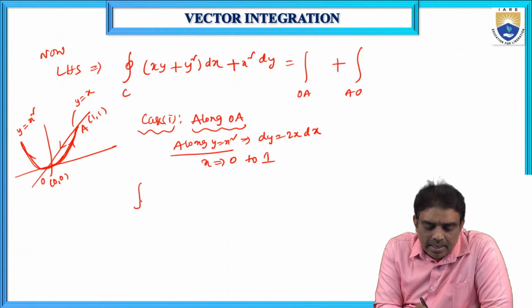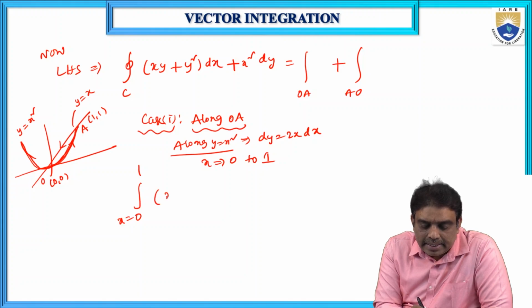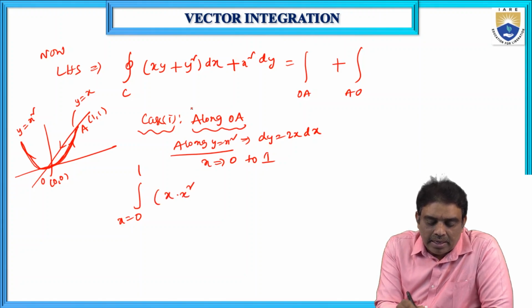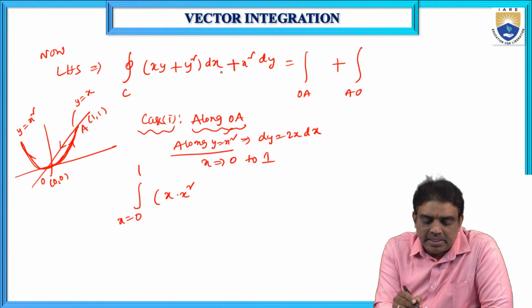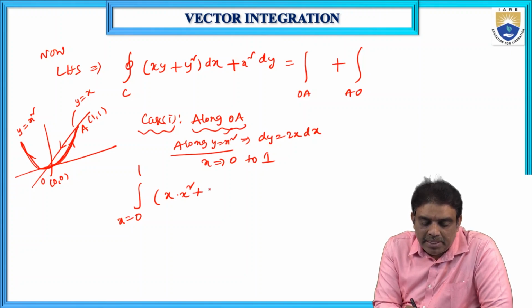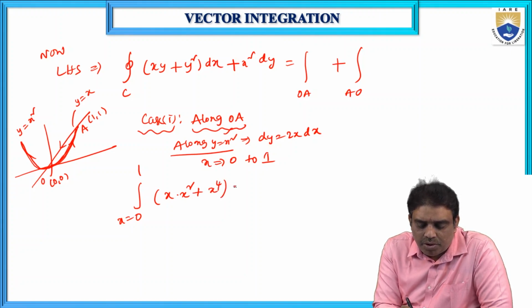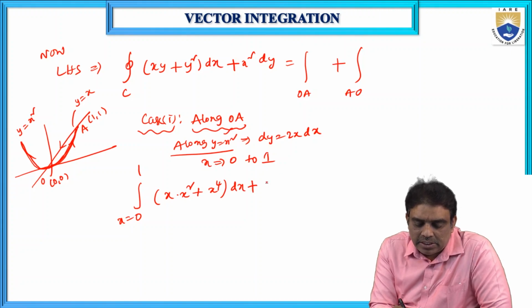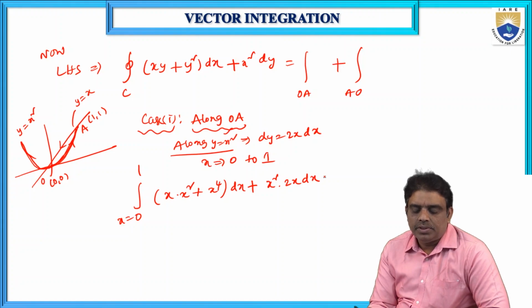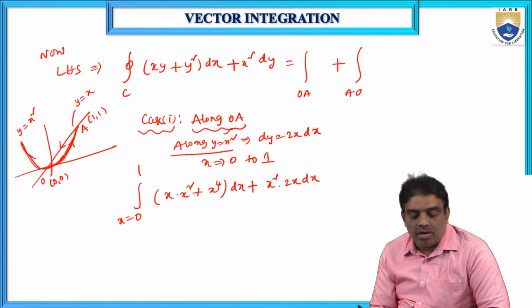So integral, x varies from 0 to 1. x into y means x square, I am replacing y with x square. So (x cube plus x power 4) dx plus x square as it is, dy is 2x dx. That is the first integral along OA.